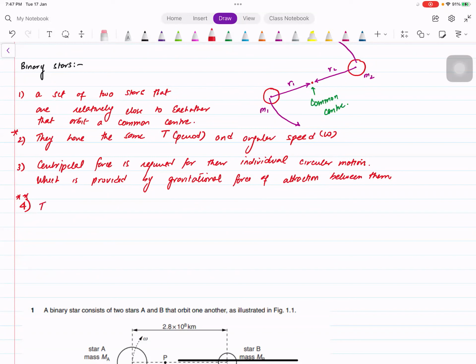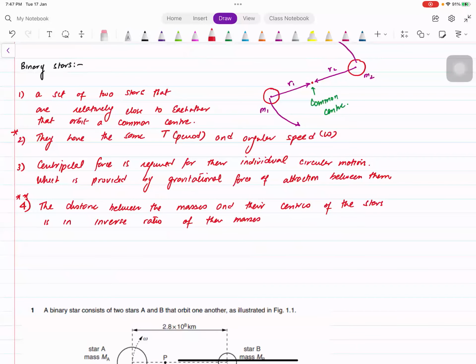So the thing is, let's say the distance between the masses and their centers, and the centers of the stars, is in inverse ratio of their masses itself.